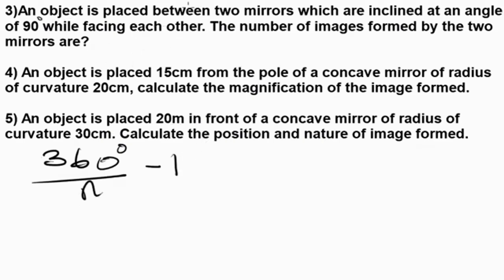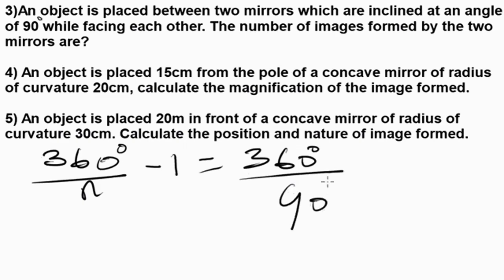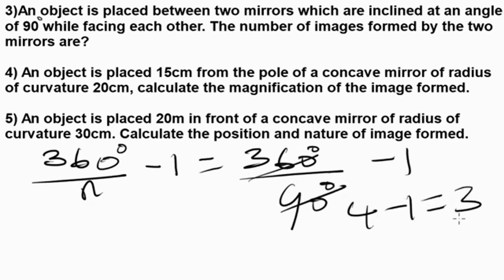In this question, the angle is 90, so you substitute 90 for n. You have 360 degrees over 90 degrees, minus 1. This gives us 4 minus 1, which is 3. So we have 3 images formed. Had we had 180 degrees there, it would have been 360 over 180 degrees, minus 1, in that order. So that's it for question 3.